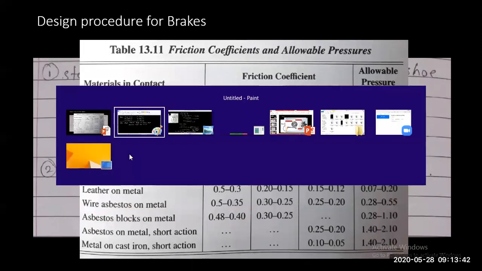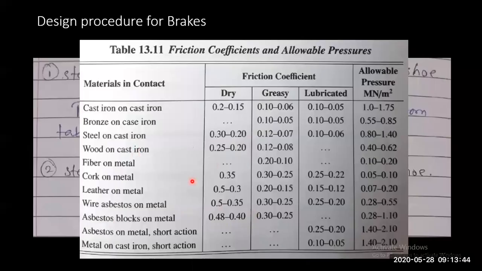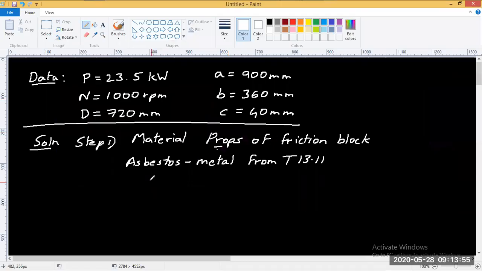Okay, so that comes around 0.44 to 0.4, which is given in the reverse order. So this is the coefficient of friction. That means mu is between 0.48 to 0.4. So we'll assume just midway between this.